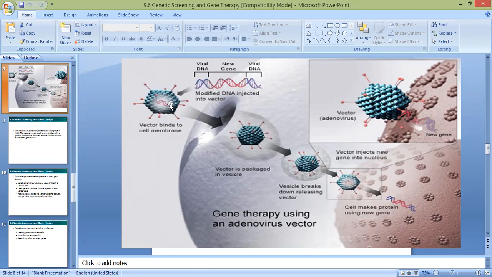It may work in other stem cells too. Of course, gene therapy doesn't work for all cases. They are still studying and making experiments about it. They couldn't cure every single genetic disorder by this therapy till now. They are trying, but they could make some therapies for certain disorders.